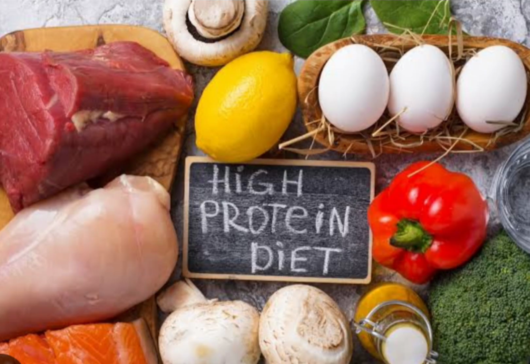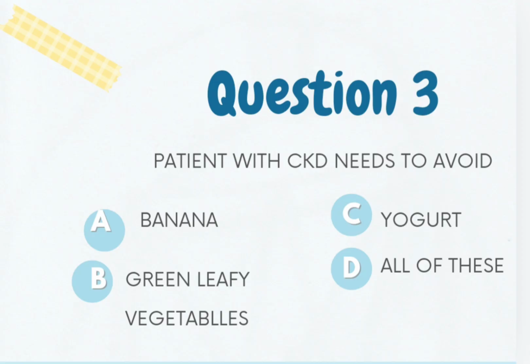But from all these options, in banana we have high potassium, right? In green leafy vegetables also we have high potassium, and yogurt is also a rich source of potassium and phosphorus, but it is also a higher source of protein.